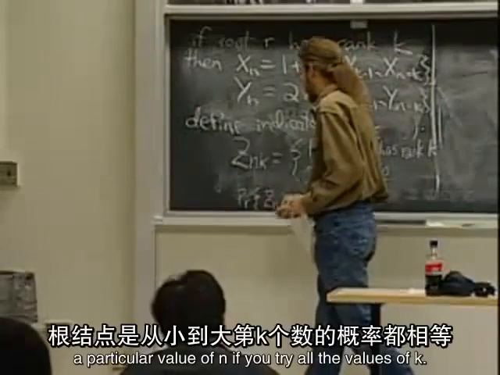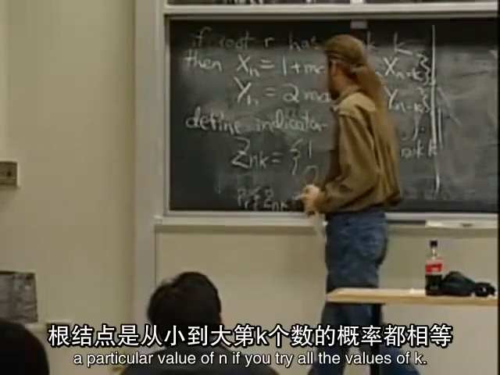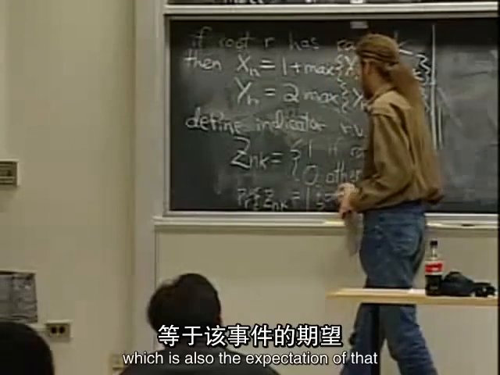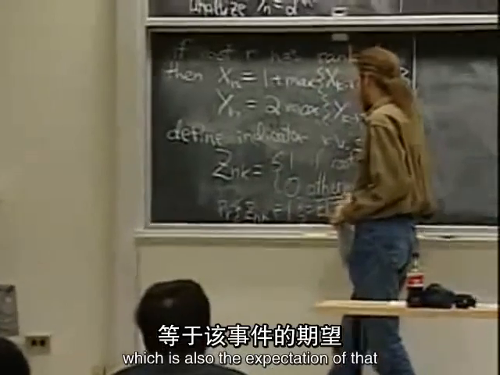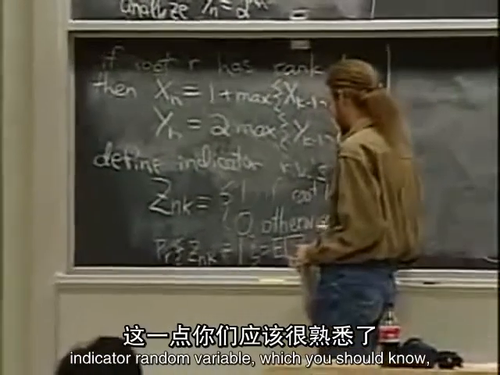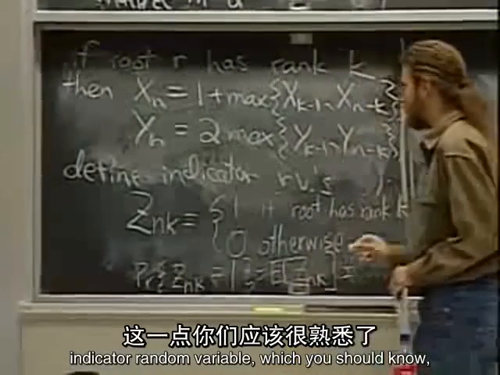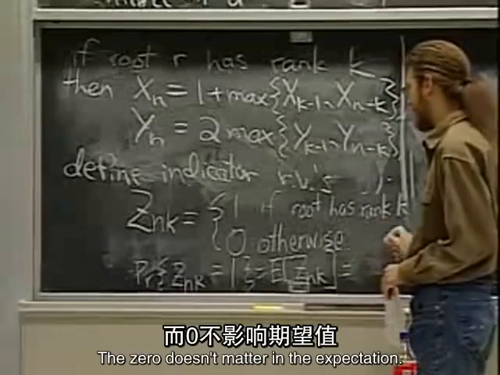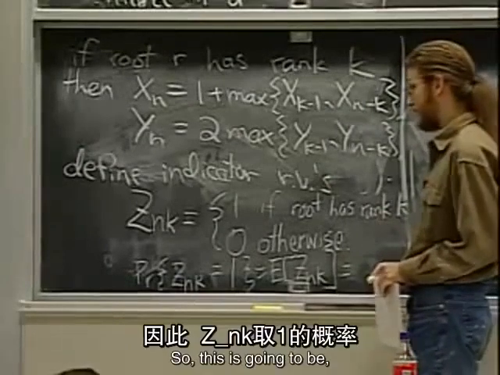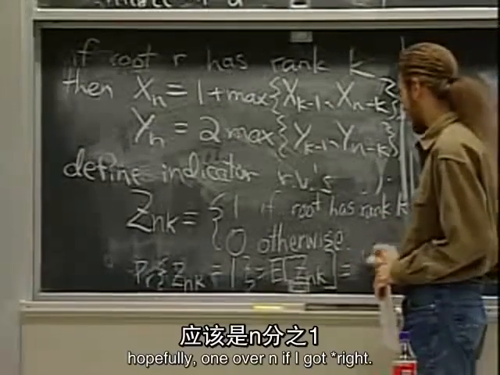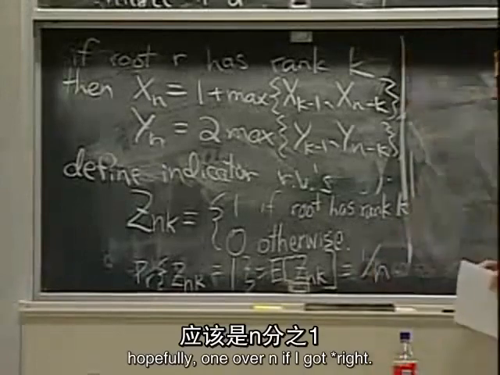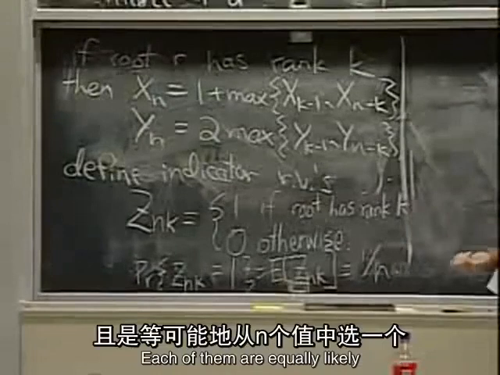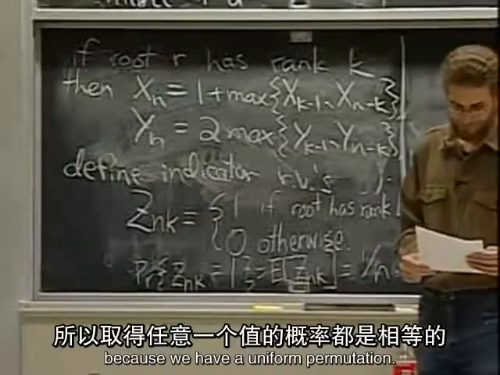For a particular value of n, if you try all the values of k, the probability that this equals 1, which is also the expectation of that indicator random variable, because it only takes values 1 or 0, and the 0 doesn't matter in the expectation, is going to be, hopefully, 1 over n. There are n possibilities of what the rank of the root could be. Each of them is equally likely because we have a uniform permutation.